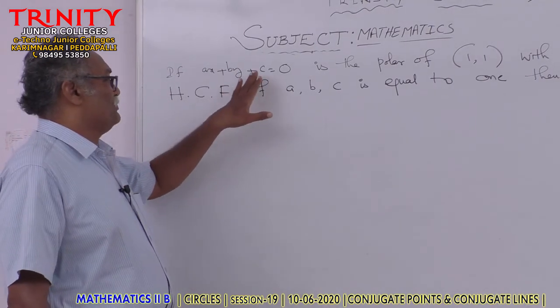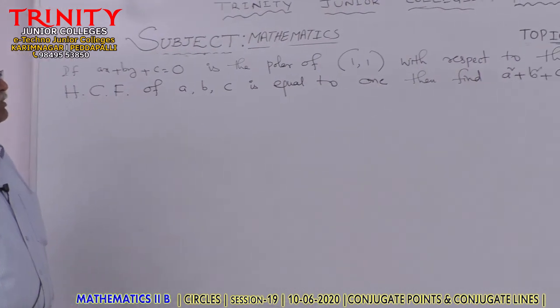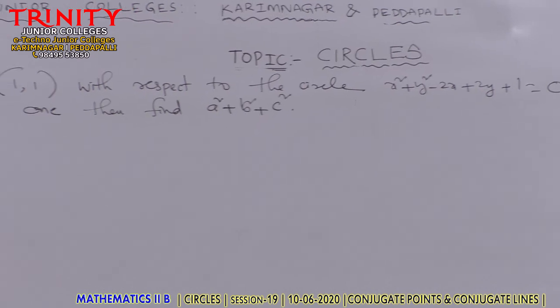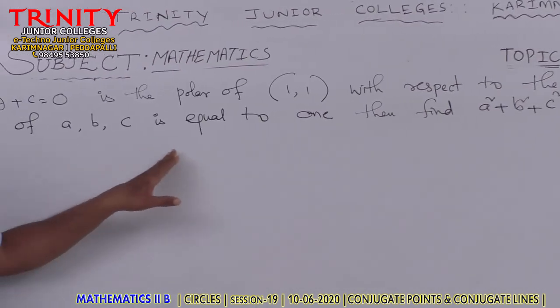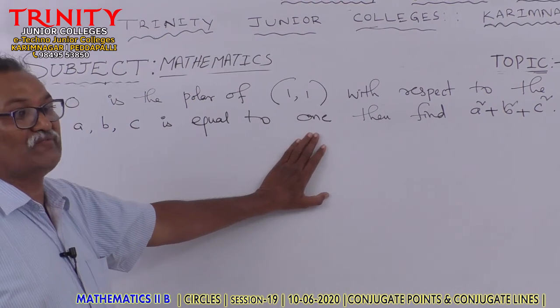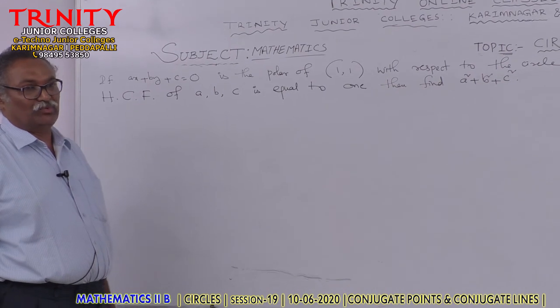If ax plus by plus c is equal to 0 is the polar of 1 comma 1 with respect to the given circle, and HCF of a comma b comma c is equal to 1, then find the value of a square plus b square plus c square. That is the question.